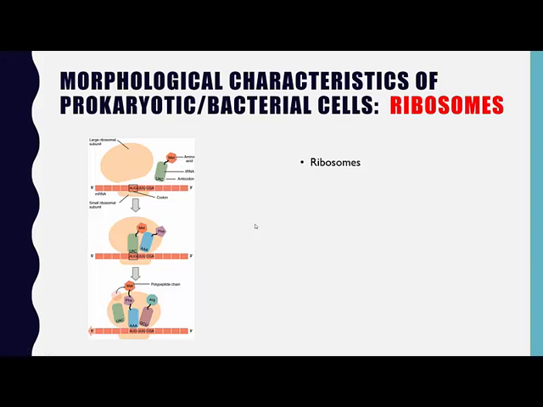Genes get copied into messenger RNA. That's transcription. And then the messenger RNA goes and finds a ribosome. And then the messenger RNA is translated at the ribosome into a strand of amino acids to make a protein ultimately. So ribosomes make proteins.